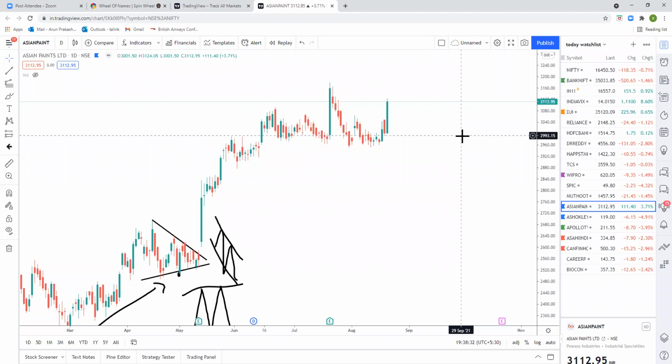There are few patterns which would not have given you any good returns also, so you will go ahead and avoid it. That's why your entire capital should not be invested in just 1 or 2 stocks. You should diversify your investments or trading also.